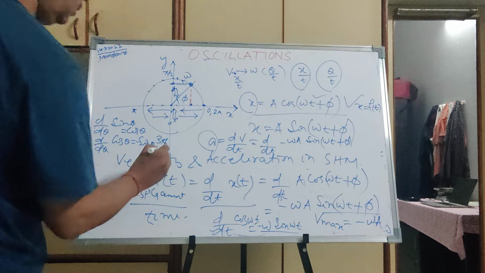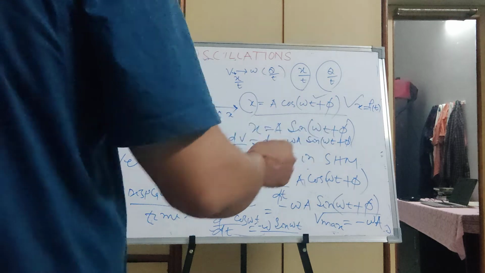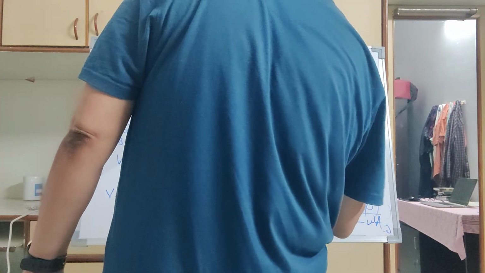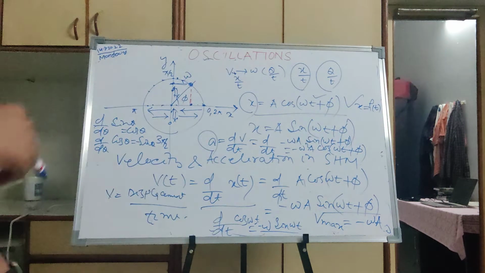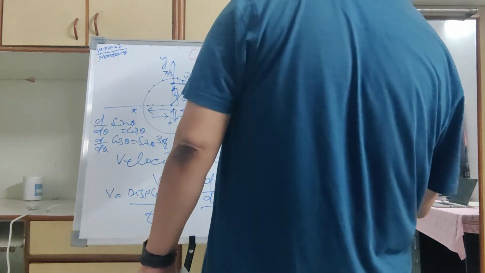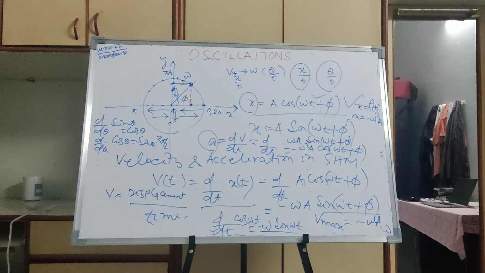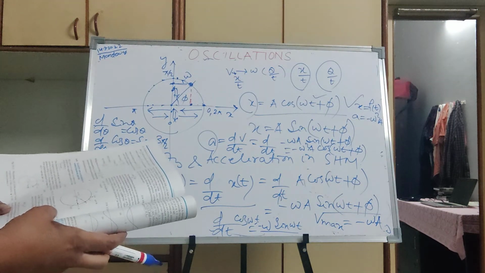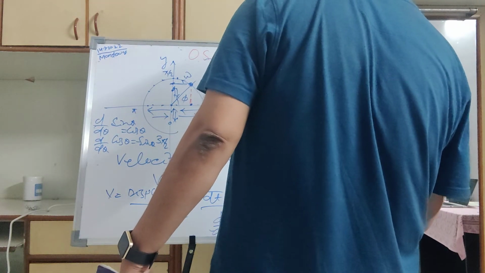So the acceleration, d by dt, this omega will again go outside, so it will become omega square a cos omega t plus phi. So the maximum acceleration is equal to minus omega square a, and the maximum velocity is minus omega a.